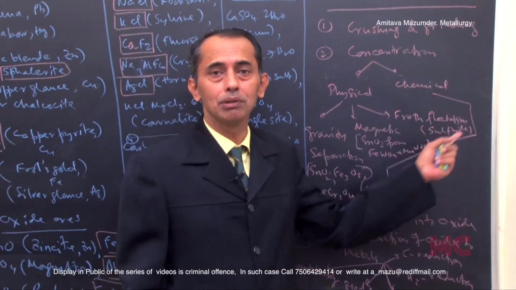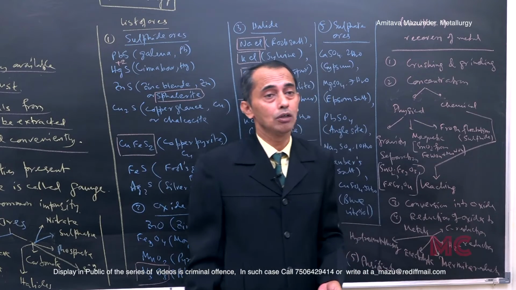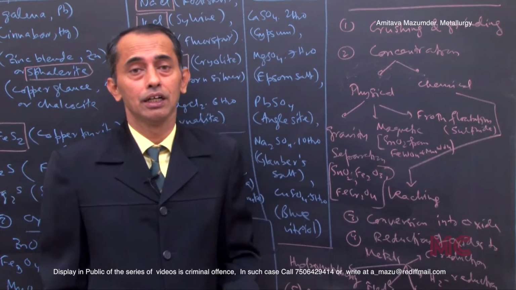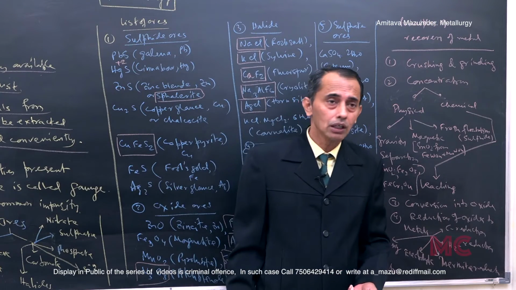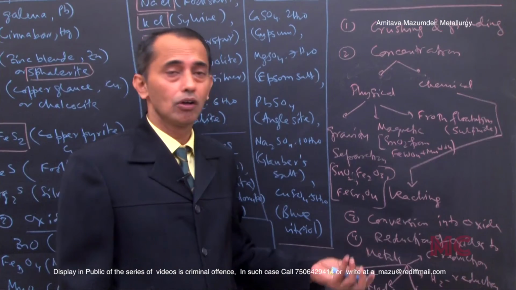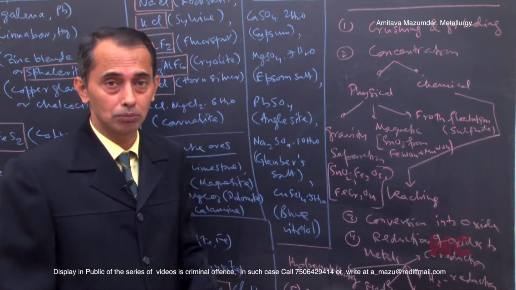And then chemical methods, it is basically leaching, for example hydrometallurgy, or alumina purification, like in the Bayer's process, or the Hall-Héroult process. So many processes are there, and the Serpeck process for aluminium.